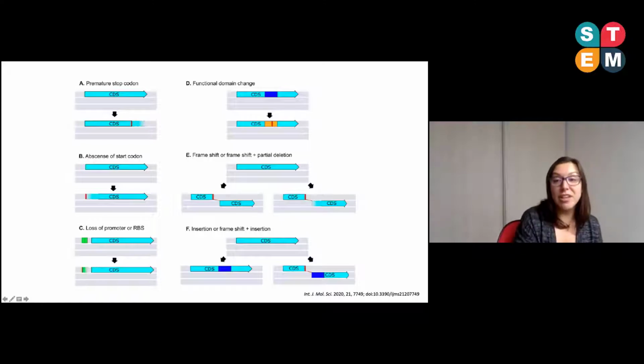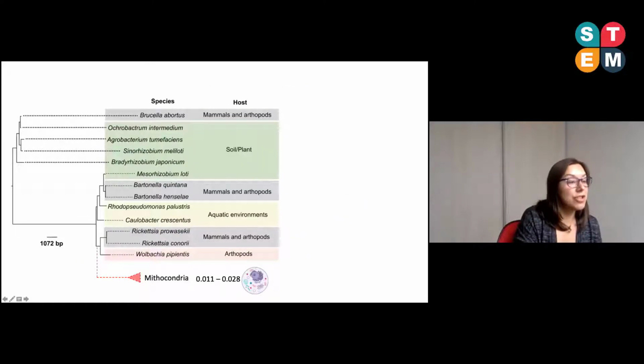And something very, very interesting about developing the pseudogenes is that they have been associated with the genome reduction and host dependence development for the pathogens. You have already seen this phylogenetic reconstruction of alpha proteobacteria. I want to add here that mitochondria is considered an alpha proteobacteria, and it has a very, very small genome as it became an endosymbiont and an intracellular obligatory organism.